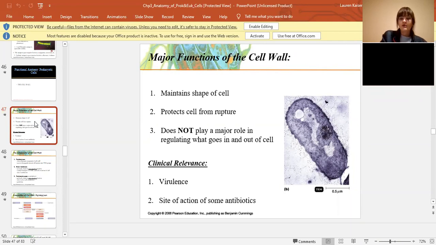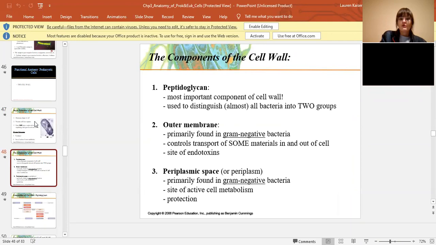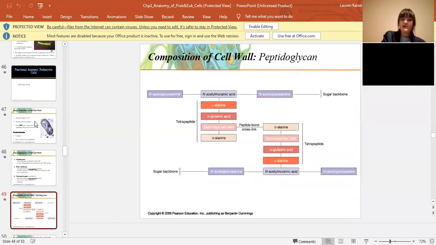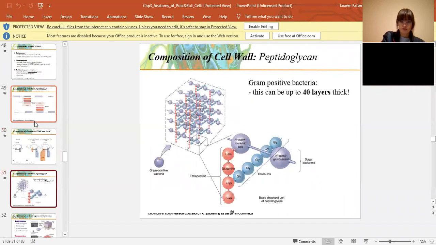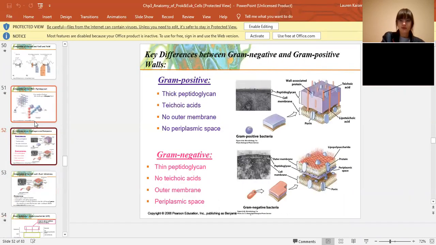So I'll come back to both of those factors in just a second. So for the cell wall, I think it's better for you guys, instead of reading this, to see this. So this is the big idea, right?